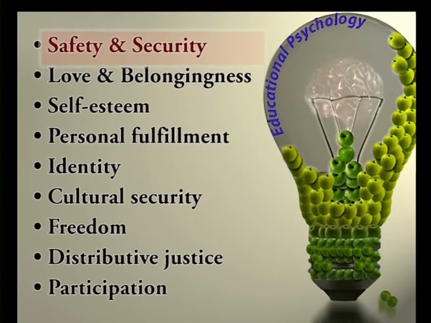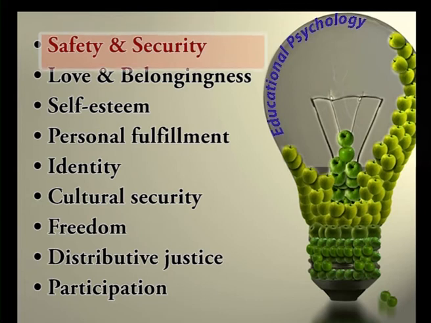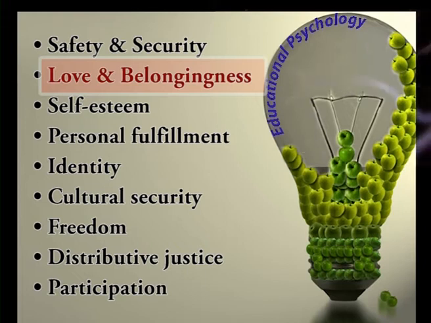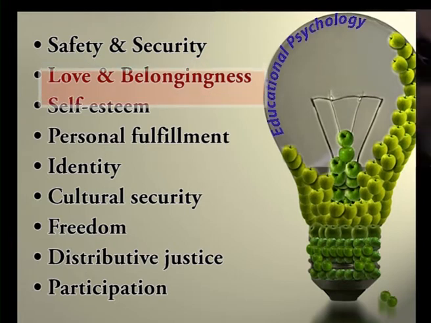Needs theorists' list of human essentials includes: safety and security, which is the need for structure, predictability, stability, and freedom from fear and anxiety. Love and belongingness is the need to be accepted by others and to have strong personal ties with one's family, friends, and identity groups.